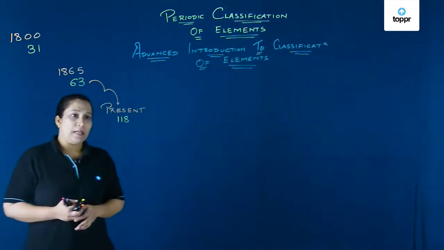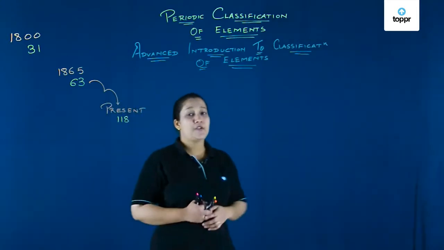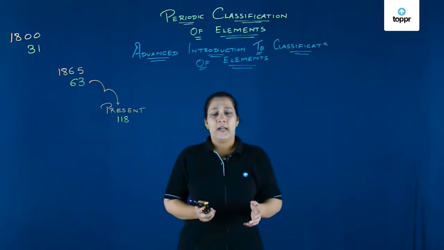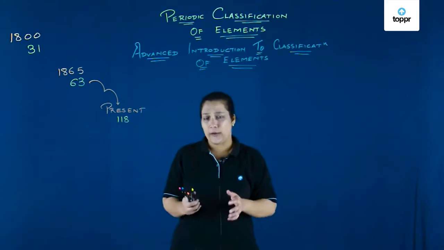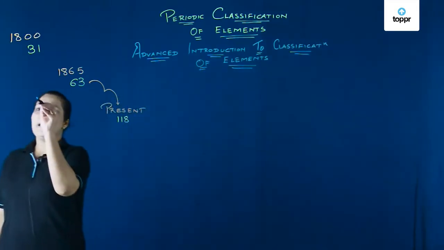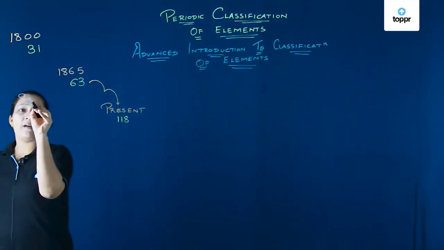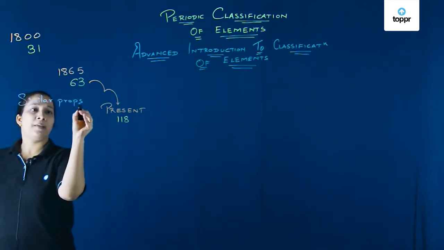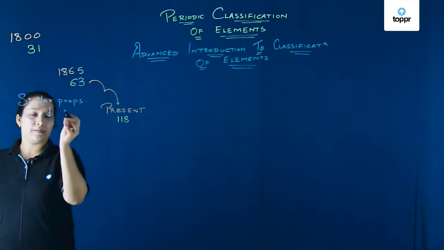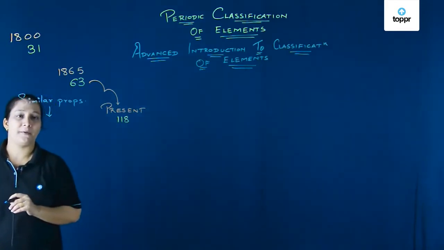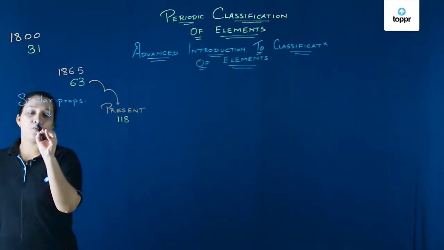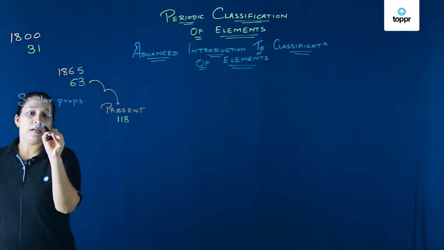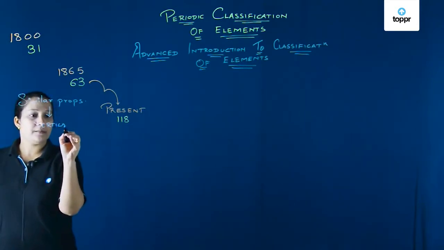If you take an average of all of the discoveries, it was being done in this way: all of my elements having similar properties were grouped. I've just written props as an abbreviation for properties. These similar properties were grouped together in a vertical column arrangement.